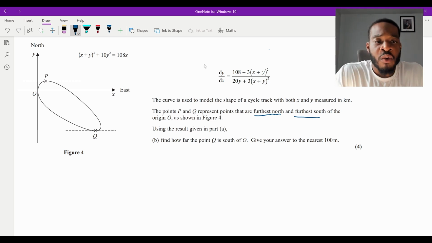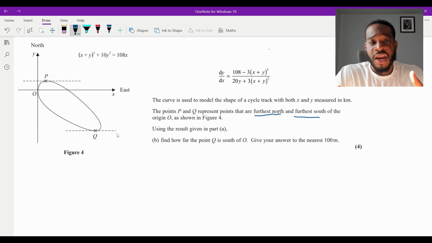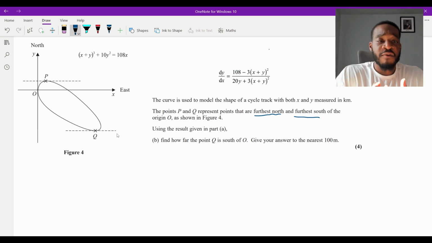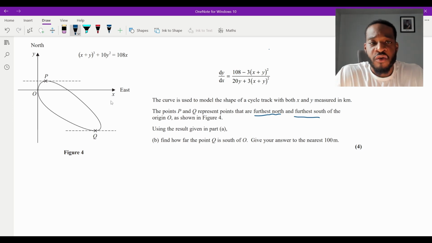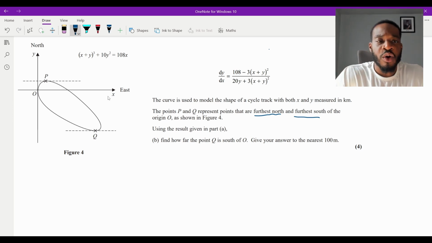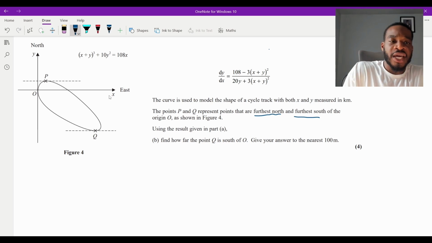Another thing as well is if you look at these dashed lines here, these are horizontal. These are tangents. Remember, the gradient of a function is defined as the gradient of the tangent at that point. So if these lines are horizontal, then the gradient must be 0. That must mean there's no change in y, because it's just going across.